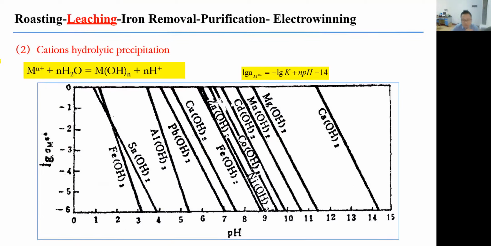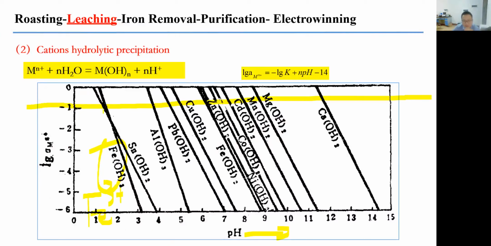So as we discussed in the previous slide, if we assume the concentration of different cations with the activity numbers, we can find that when the activity is 0.1, we make a hypothesis. When we increase the pH value, the first cation which will precipitate will be the ferric ion, Fe3+.